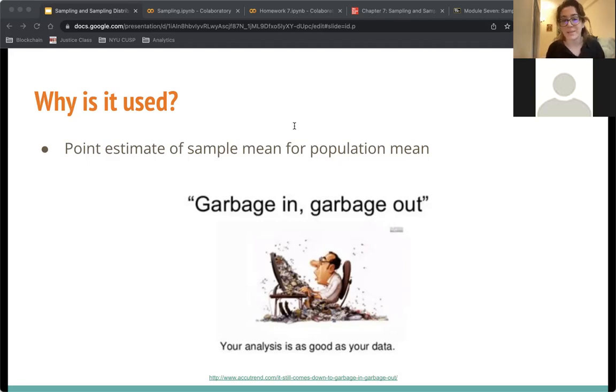If we use a biased sample, our resulting analysis will reflect that. That's what I mean when I say garbage in, garbage out. If you're using a sample that grossly misrepresents the population that you're trying to measure, whatever insight you carry from that will not represent the population you're after. So your analysis is as good as your data.